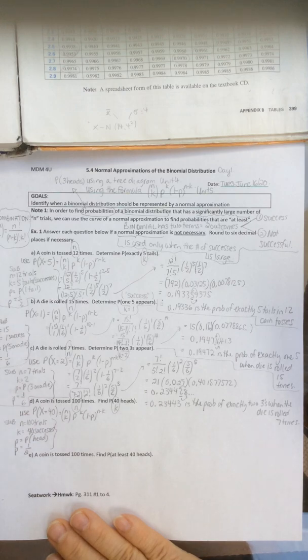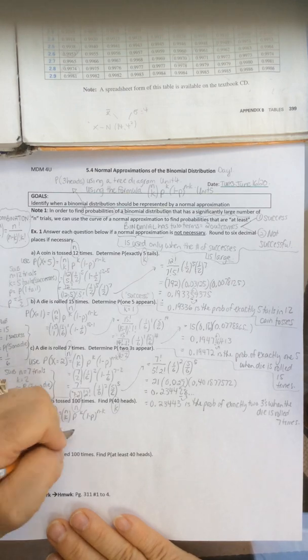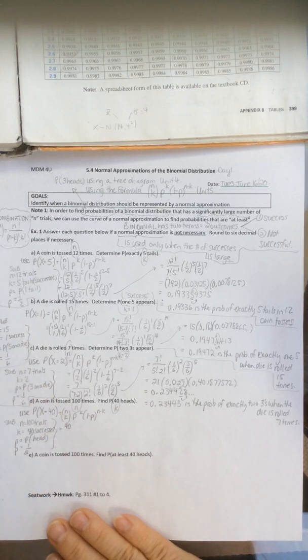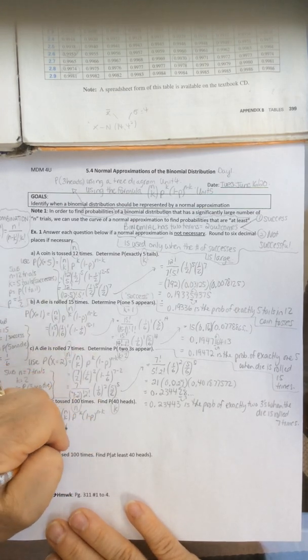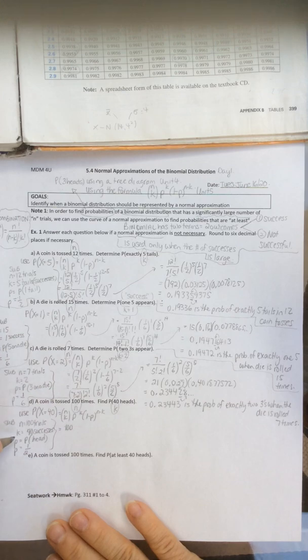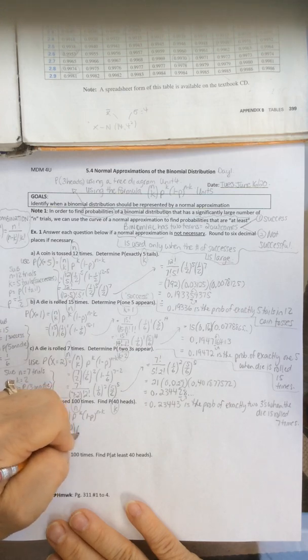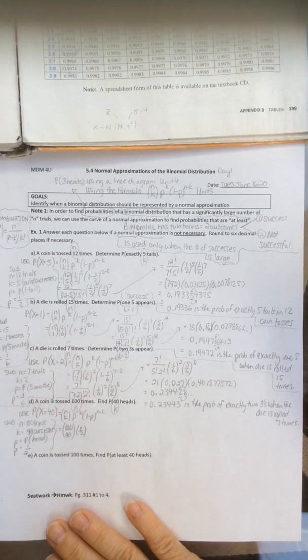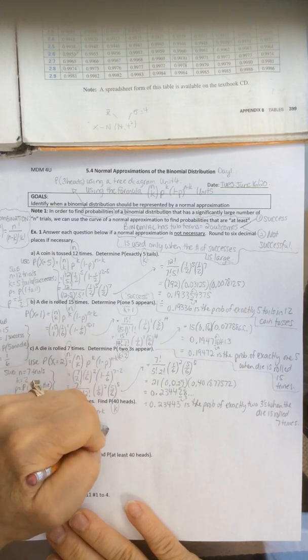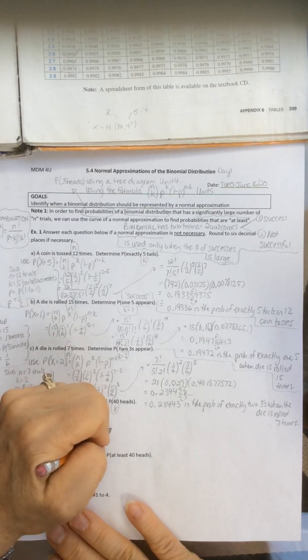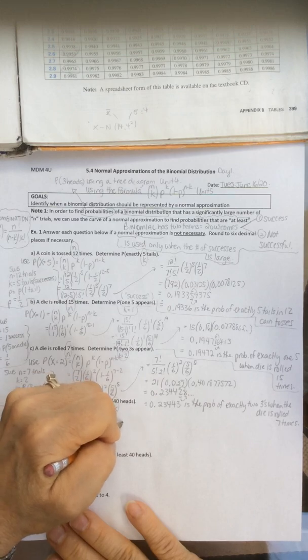All right, so n choose k. Oops, not 40. My number of trials is 100. 100 choose 40, times p, which is 1/2, to the power of k, which is 40, times 1 minus 1/2 to the power of n minus k, which is 100 minus 40.